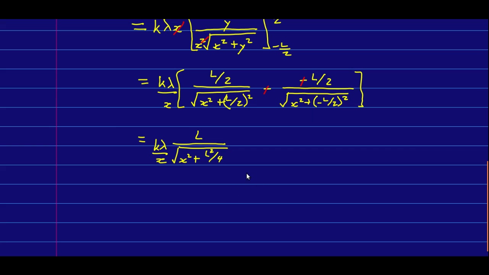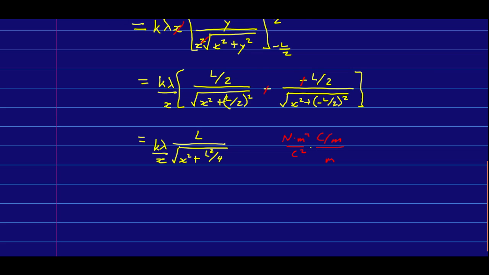And there's our final answer, except it's always good after you've done something this complicated to check the units. So notice what we have here is a K, which is in newton meters squared per coulomb squared, times a lambda, which is in coulombs per meter, divided by an x, which is in meters, and then we have a length, which is in meters, over a square root of a bunch of lengths squared, so those are meters over meters, and those cancel, and I'm not going to worry about them.